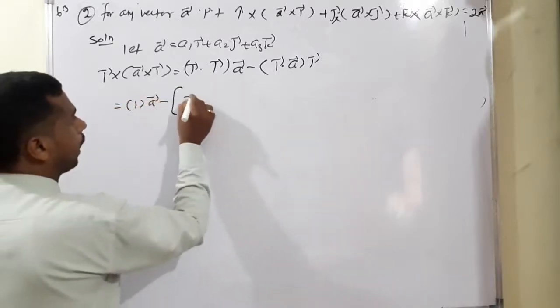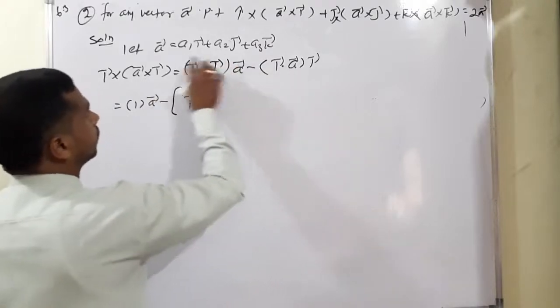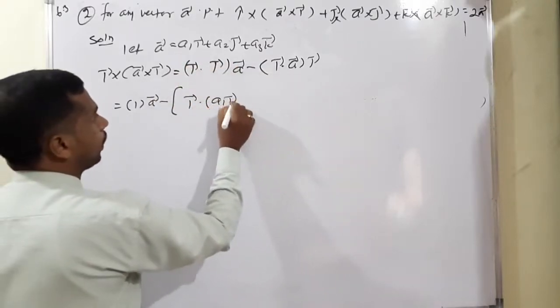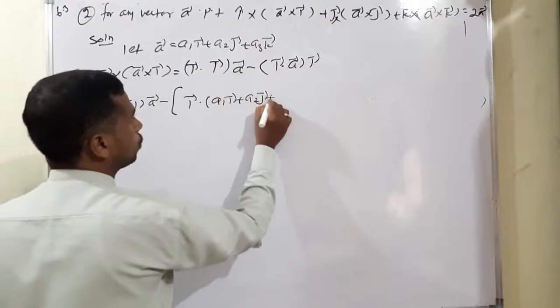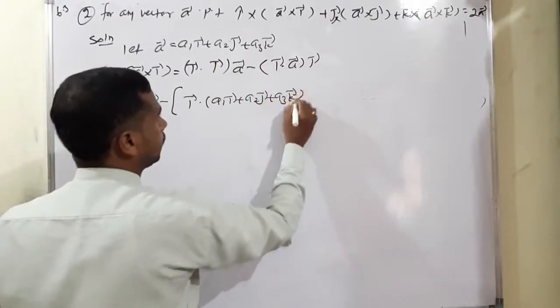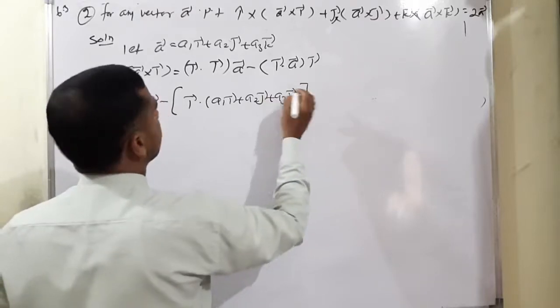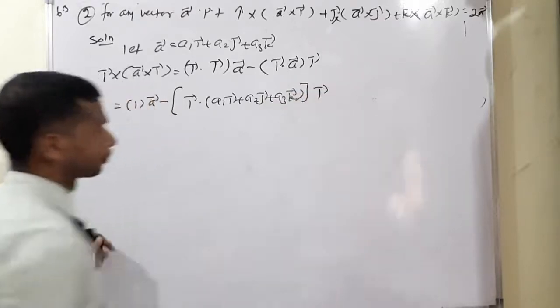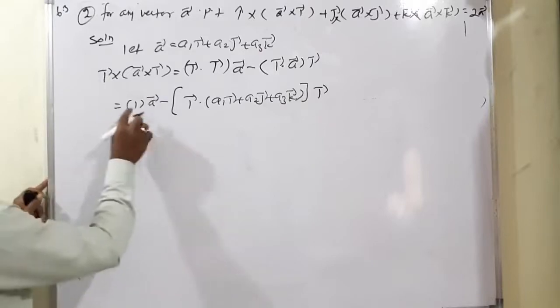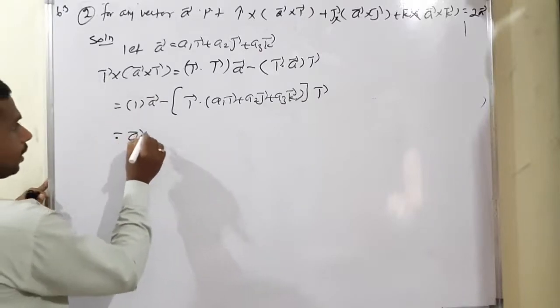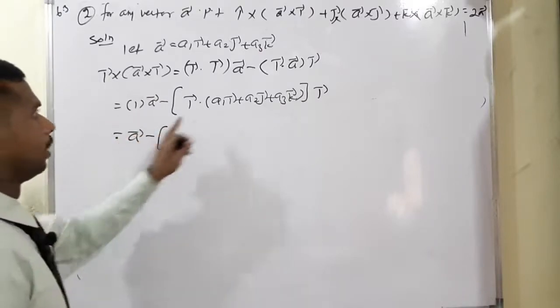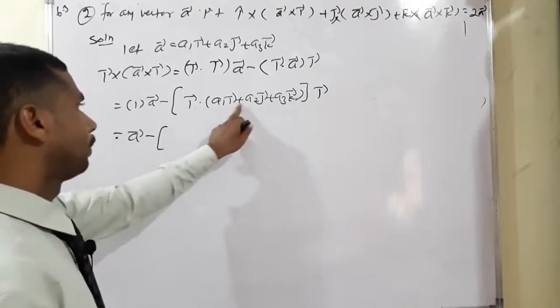Then minus, next I vector dot, instead of A vector we can write A1 I vector plus A2 J vector plus A3 K vector, into I vector outside. Now, 1 into A vector means A vector, then minus: I vector dot I vector is 1, and everything else will be 0.